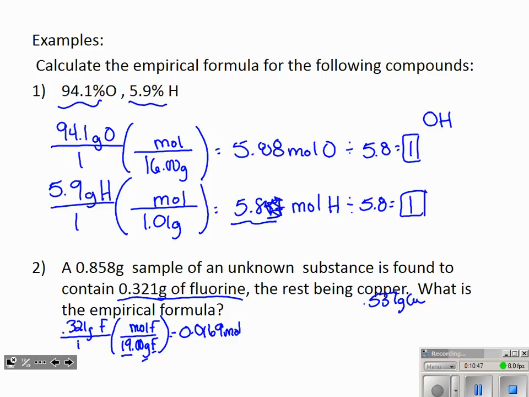Let's do the same thing for the copper. Using your tool for your mind, the molar mass of copper is 63.55, so 0.537 grams of copper. We know that 1 mole of copper weighs 63.55 grams.